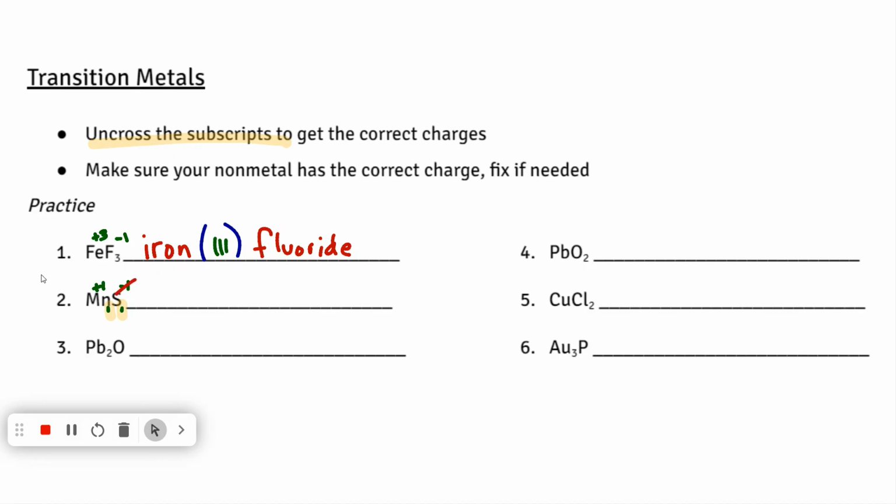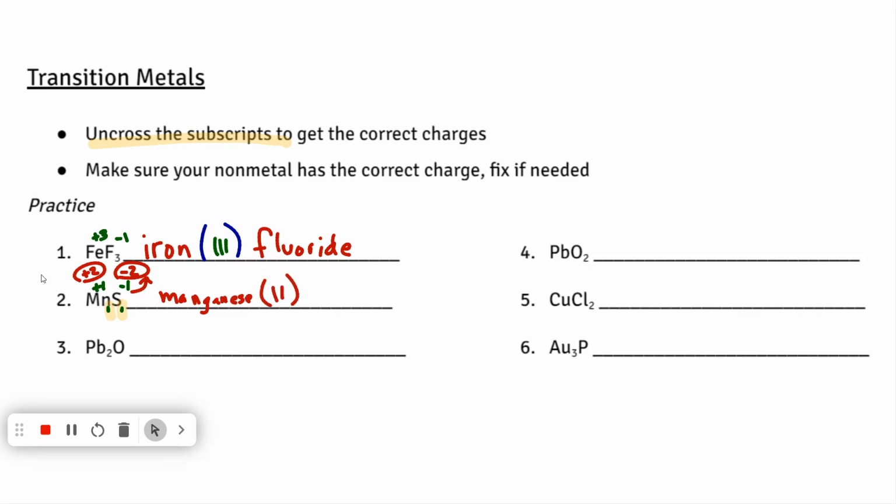But it doesn't. Sulfur, we know, has a -2 charge. Its charge is twice as much as these little subscripts make us think that it is. So if that one is twice as much, then our manganese here is also going to need to be twice as big. So this is manganese 2 sulfide.